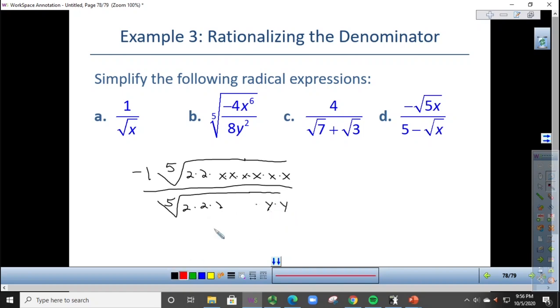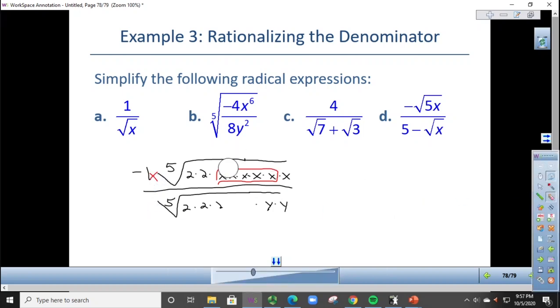Alright, so if I look up top, I have 5 x's that I can pull out, right? Because my index is a 5, so I'm looking for a group of 5. So I'm going to pull those out. And now really I have negative x on the outside. So my 1 is going to eventually go away because I have a variable now. Right? So my numerator, all I have left is 2 times 2 times x, which I can't do anything with right now.